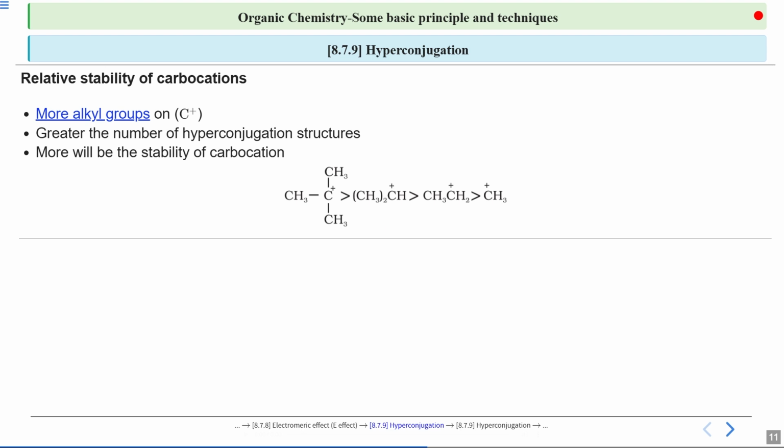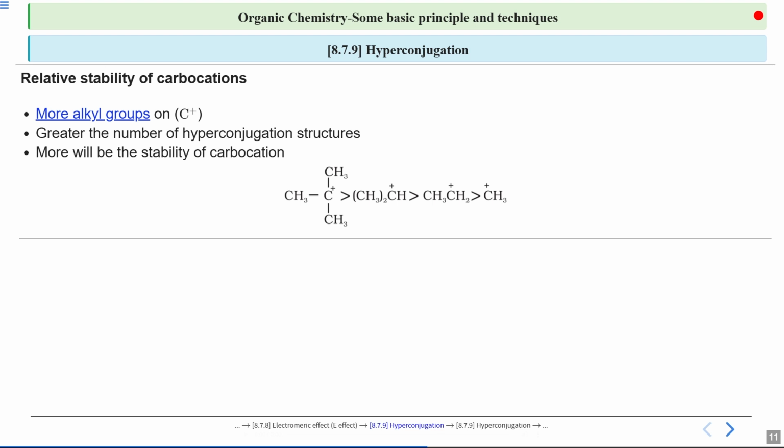Meaning if hyperconjugation stabilizes one structure and the inductive effect shows the opposite stabilization, then you will consider stability according to hyperconjugation. So the most powerful among hyperconjugation and inductive effect is hyperconjugation. You will remember this.